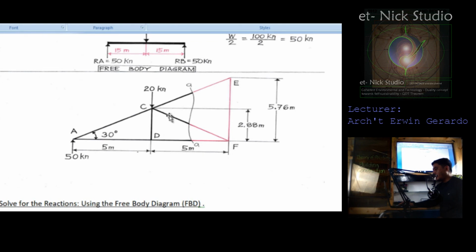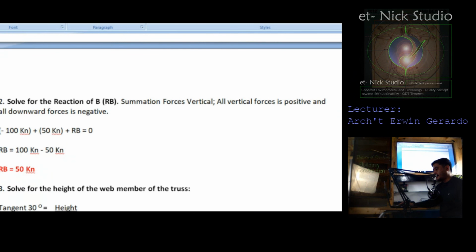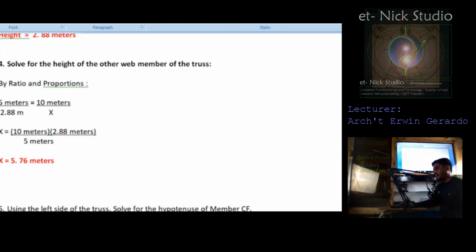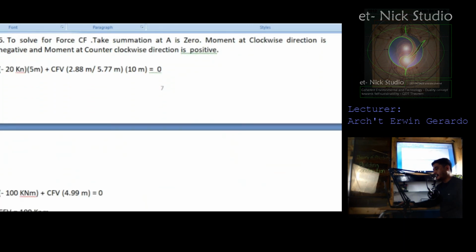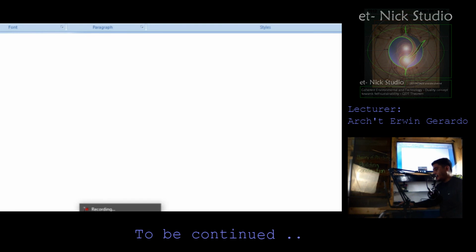Now if we're going to put it here to this direction, CF vertical therefore, you're able to use already the CF vertical to benchmark at this moment at A. This ends the solution.